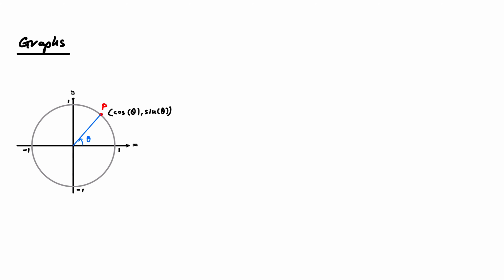Let's have cosine in green, and let's do sine in magenta. What I need to do is write down a graph, and for cosine it would be theta versus the x coordinate, and for sine it would be theta versus the y coordinate, because that's what they're doing. Let's start off with cosine.